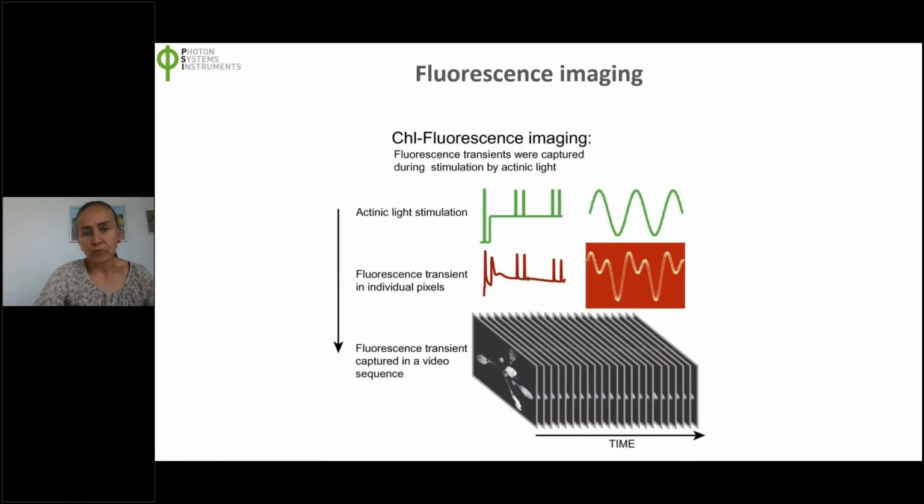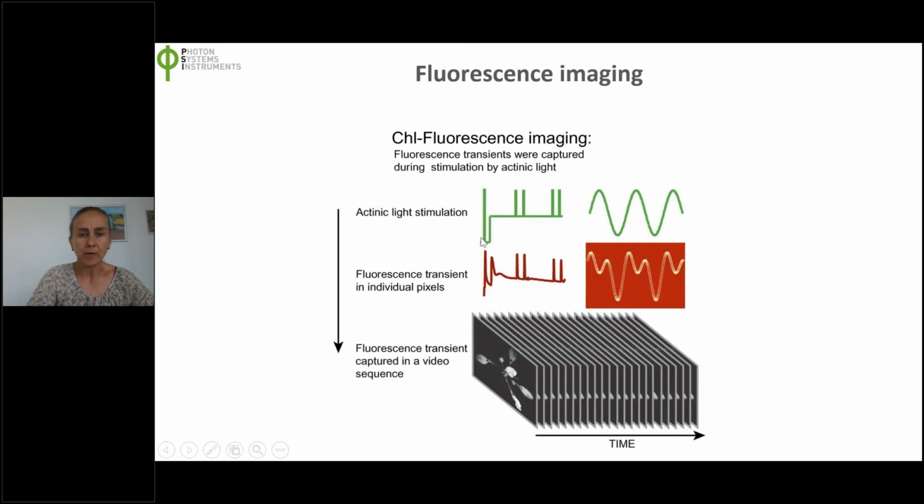And I would like to briefly describe how chlorophyll fluorescence measurement is performed, from a little bit more technical point of view. What we obtain and measure are fluorescent transient states during a specific light illumination.